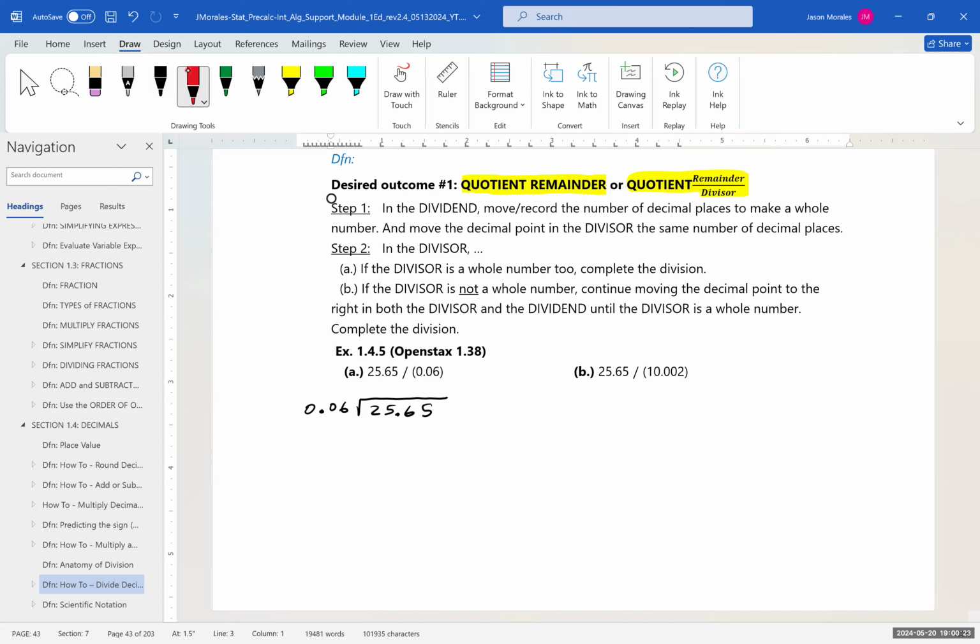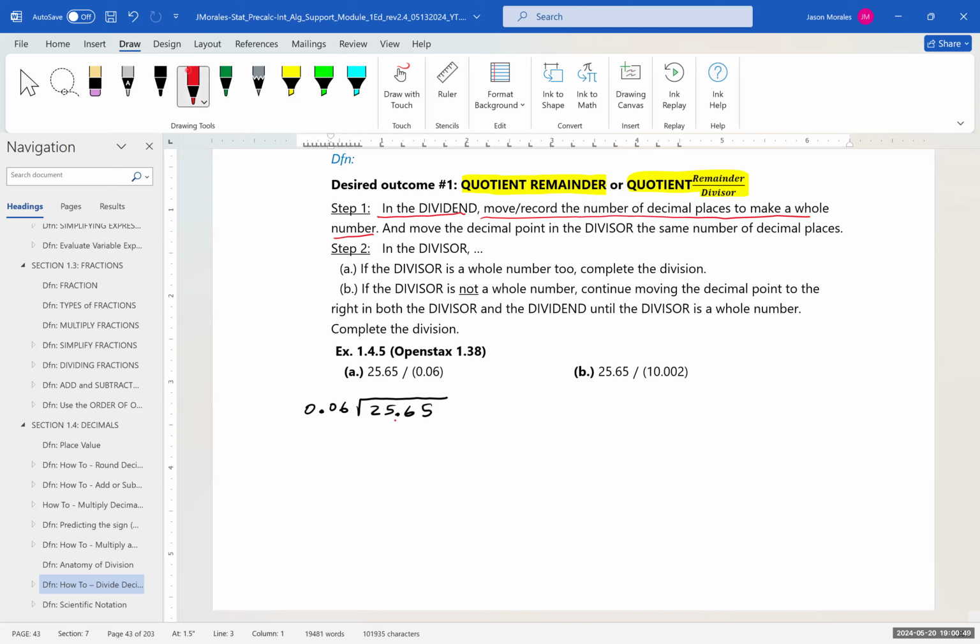Okay. So we're driving towards getting a quotient with a remainder or a mixed fraction quotient. So step one, in the dividend, move and record the number of decimal places to make a whole number. So the dividend is inside of the square root sign. I'm sorry, not the square root sign, just the division sign.